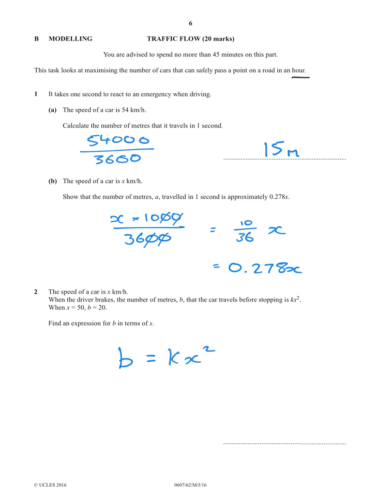In this instance, b is 20, x is 50, and so 20 over 2,500 is equal to k, which simplifies to 1 over 125. So expressing b in terms of x, b is equal to 1 over 125 x squared.